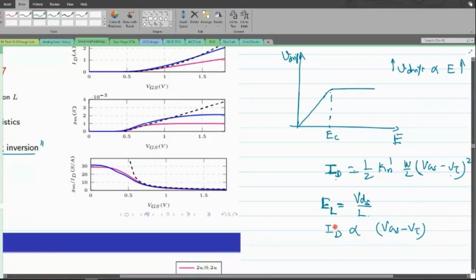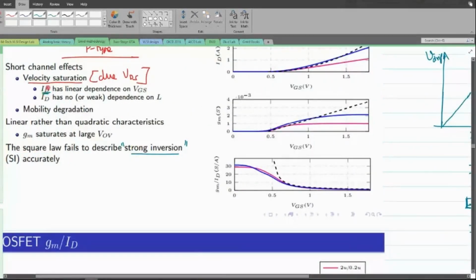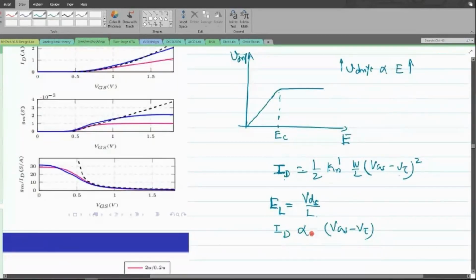So that's the difference. Whenever your transistor suffers from the velocity saturation effect, the ID becomes linearly dependent on VGS, rather than a quadratic dependency. Also, this current will be independent of the channel length.